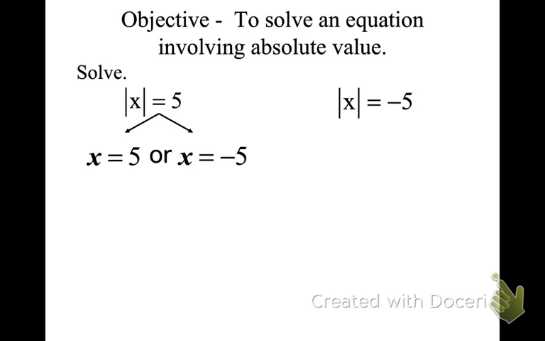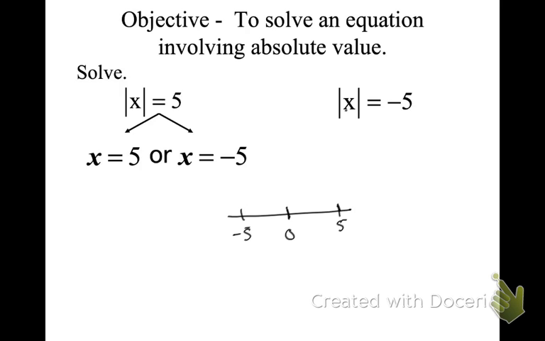But on the other hand, again, remember, this means distance from 0. So if 5 is here and negative 5 is here, is there any measurement, if this is 0, that will give me negative 5? And the answer is no, because distance can't be negative.